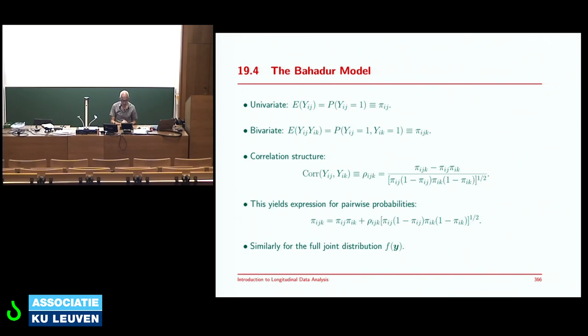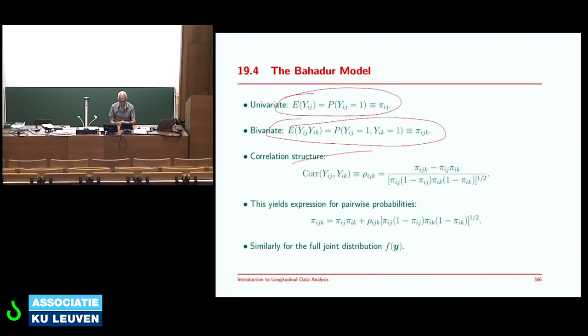Okay, let me give you an example with the Bahadur model. In the Bahadur model, we start from the univariate probability, so univariate logistic regression. Think back of the toenail data set. Then we have the pairwise probabilities, mu ijk or pi ijk. You know that here I'm using pi and mu interchangeably.